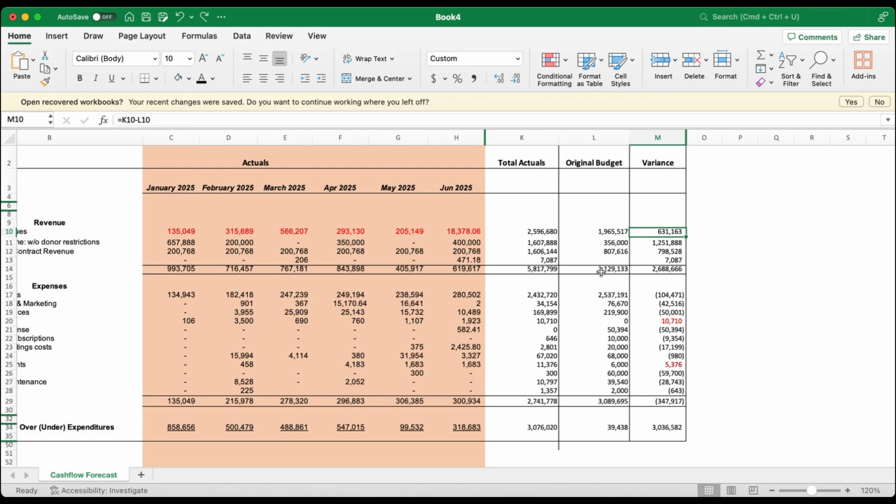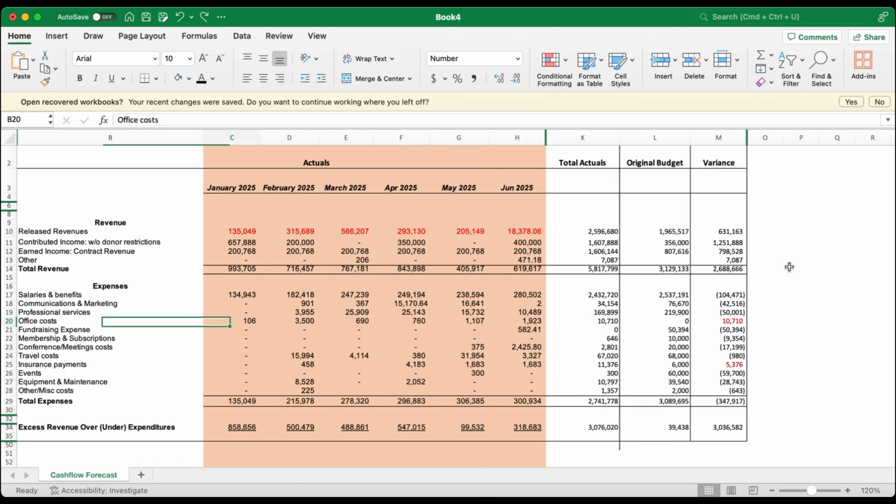Are we over or under anywhere? You see here, this is red because we have expenses in this line. What's this? An office cost, but there's no budget for this. And so immediately we need to dig into that and determine why, right? Budget is $6,000, but already for insurance payments, we're over.